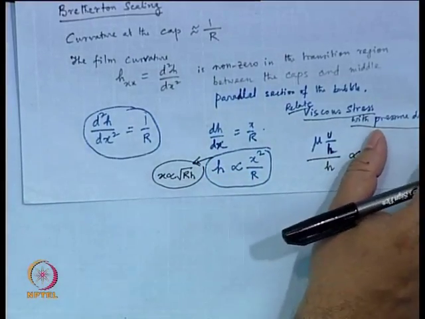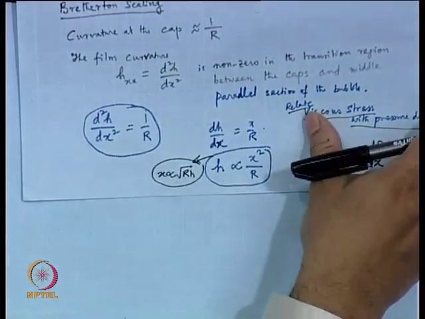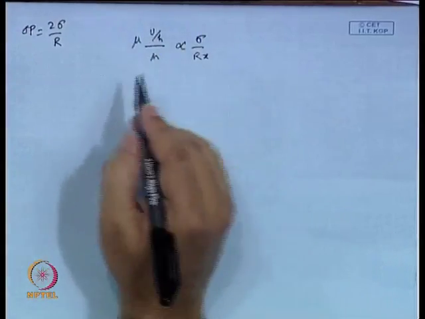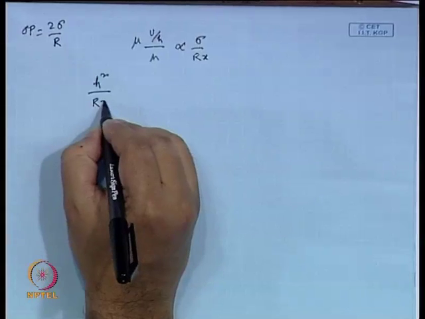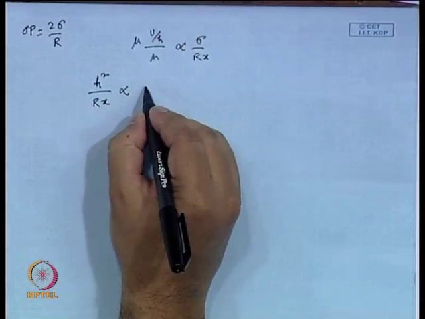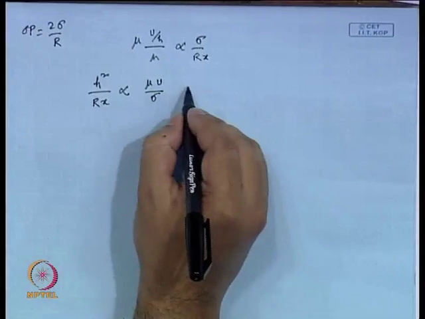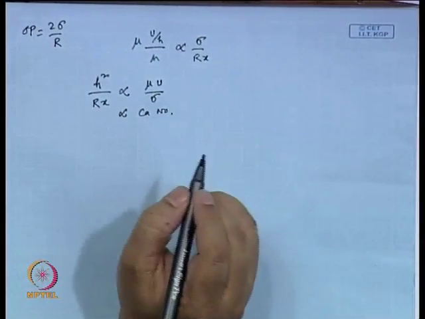If you club them together, what you get is h square divided by r x is proportional to mu u divided by sigma, which means it is proportional to the capillary number.